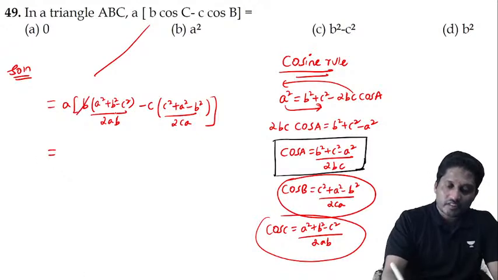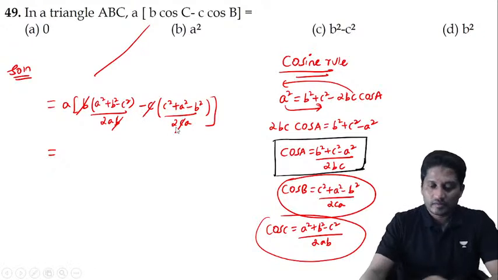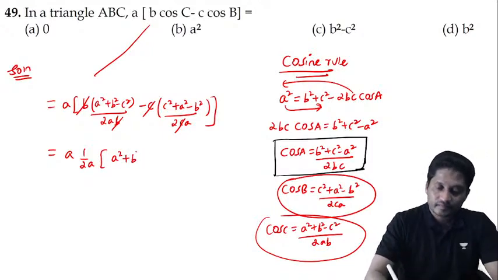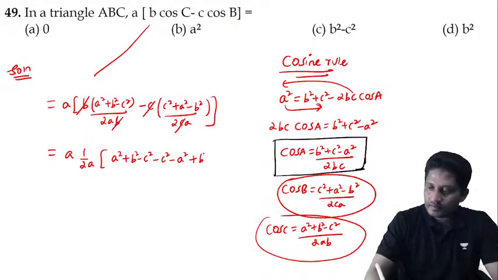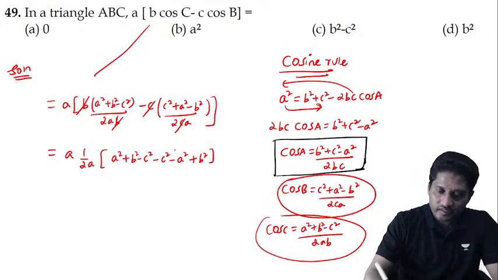I'm going to cancel this B and B and cancel C as well. So this is A into 1 by 2A. I'll take it outside, common. Left out is A square plus B square minus C square. Open the bracket, minus C square, minus A square and plus B square. I'm going to cancel plus A square and minus A square.